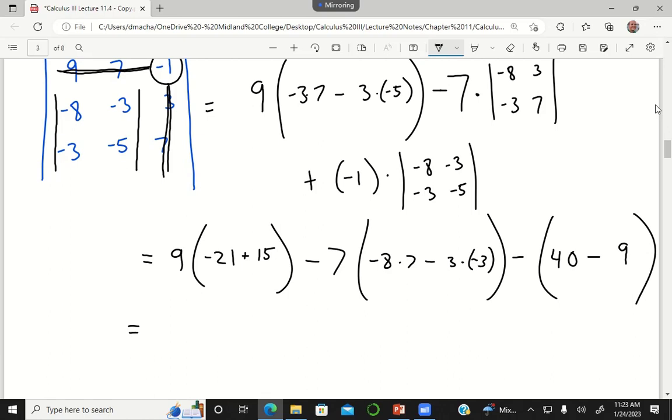So that's going to be 9 times negative 6, which is negative 54, minus 7 times negative 56 plus 9 is negative 47, minus 31.